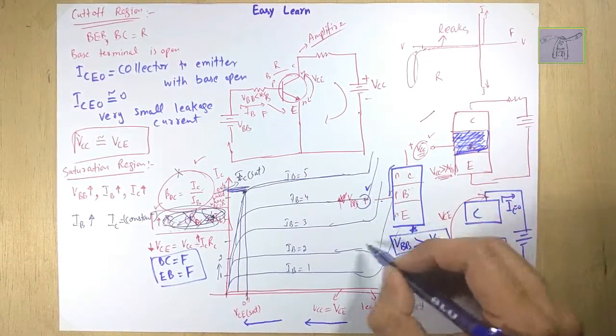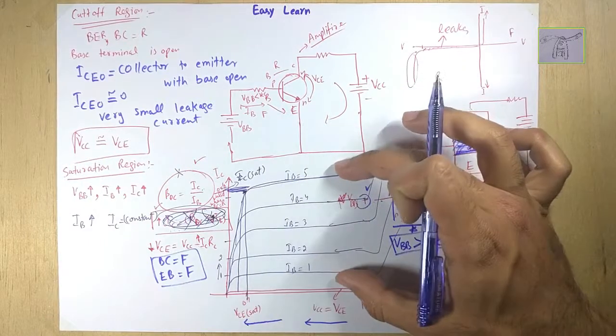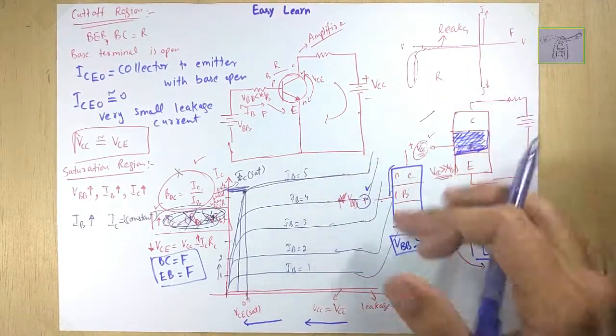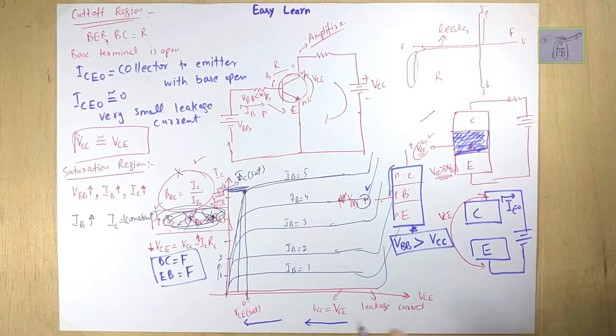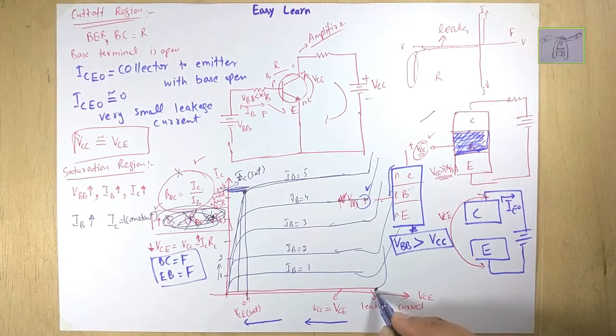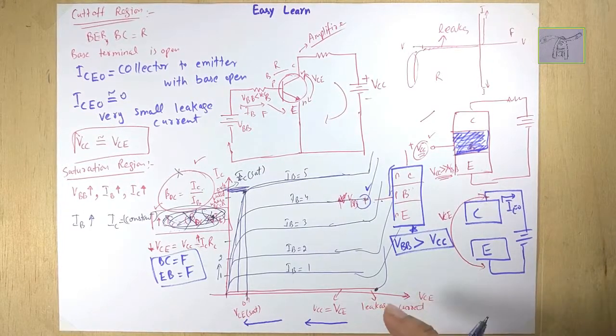If it goes further, these are the active region, the normal region that we already discussed in the previous episode. And here at the end I want to say that this is the minimum, the lowest curve, which is called the cutoff region of the bipolar junction transistor.